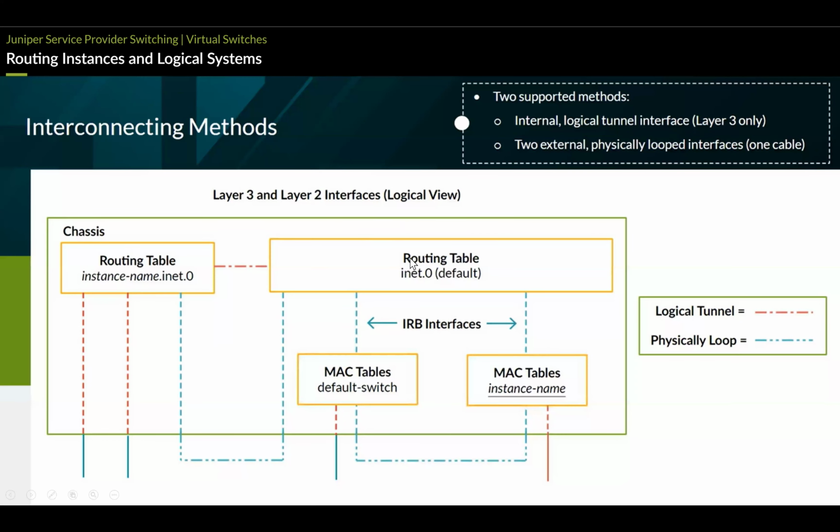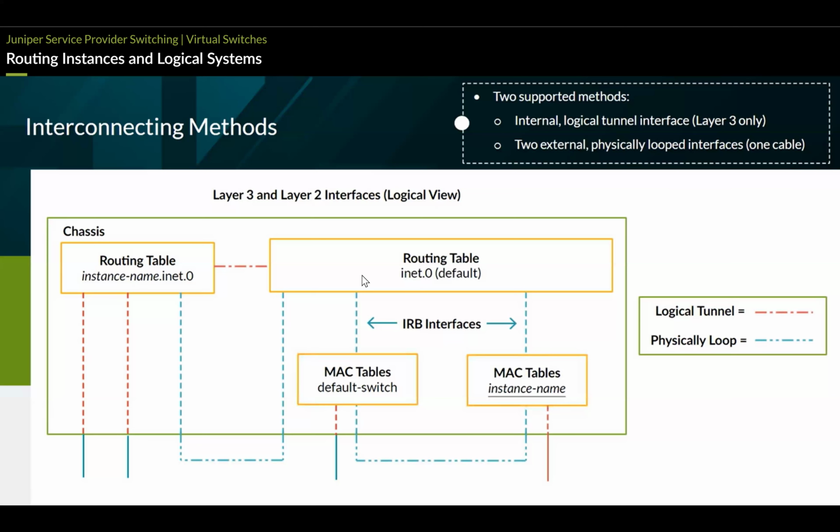If you want to communicate from the global route table to another virtual route table, you can consider a logical tunnel to communicate from one route table to another. Also, you can consider a physical loop. A physical loop means you connect one port with another port. One port will be in the physical route table and another port will be in the virtual route table.